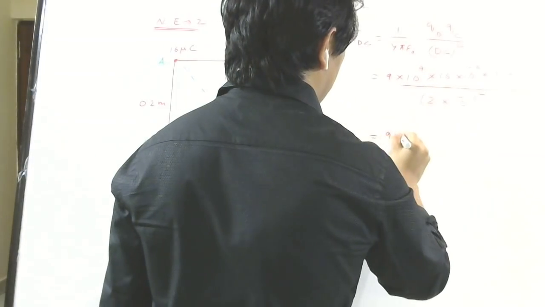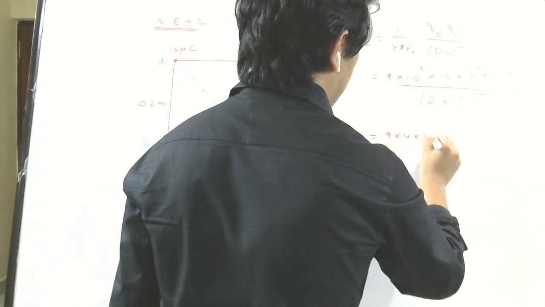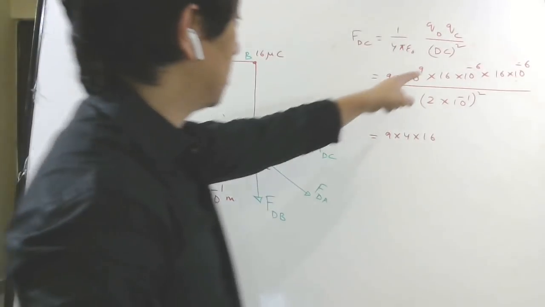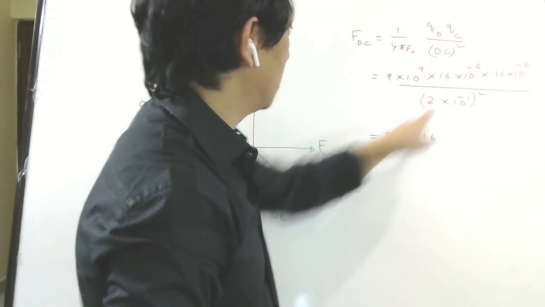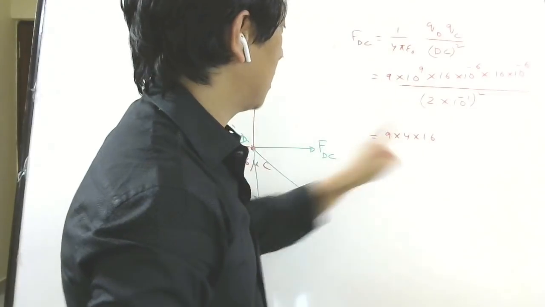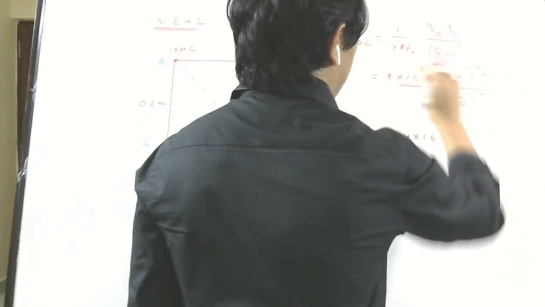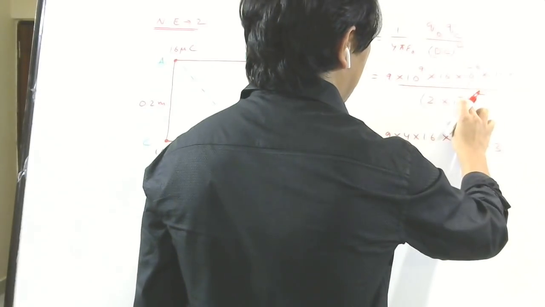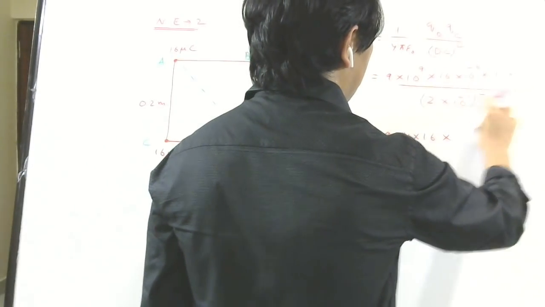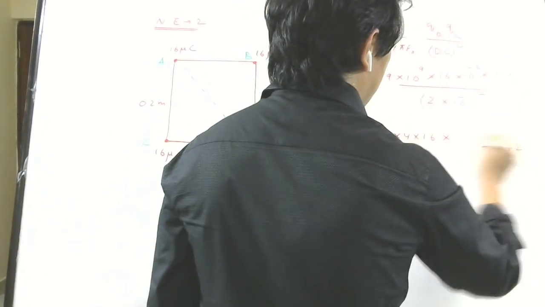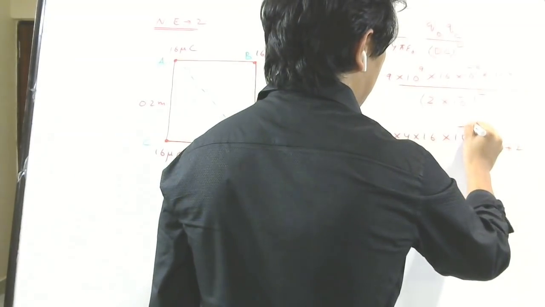16 divided by 4 will be 4. So 9 into 4 into 16, into 10 power minus 12 plus 9 minus 3. This minus 1 power 2 will be minus 2, that will go plus 2, so this will be 10 power minus 1.